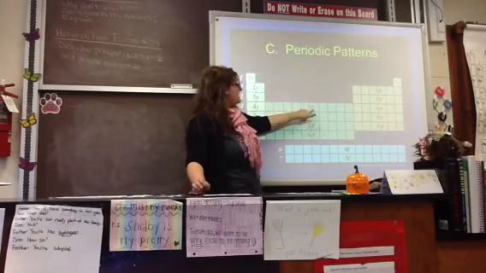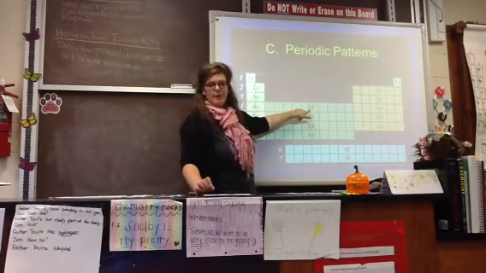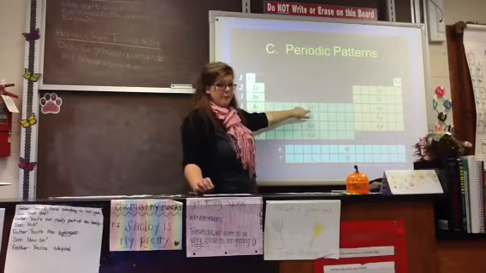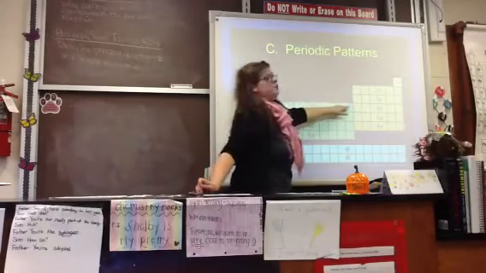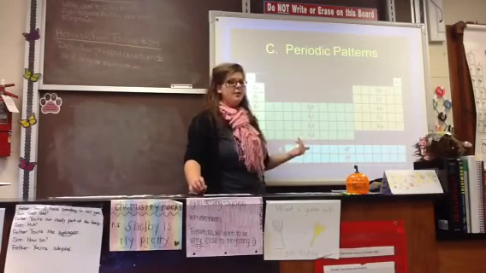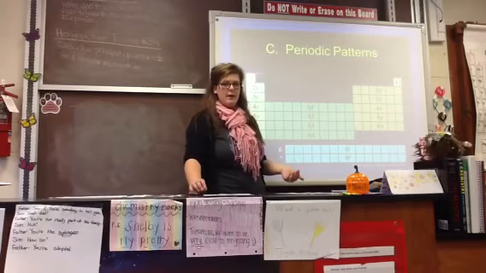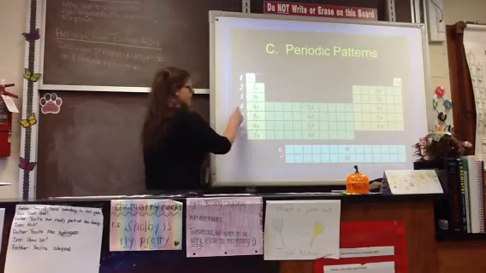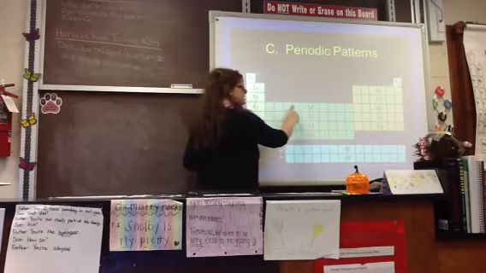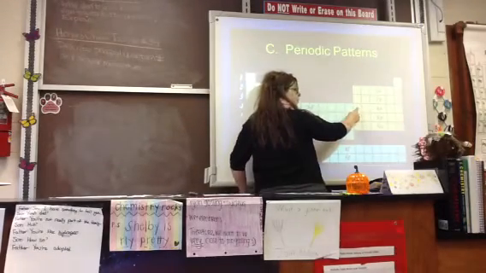D sublevel, I see d here, but here's my first problem. This is 3d. For some reason, all of these transition metals in this row tend to have an energy level that's 1 less than what row they're in. So I'm in row 4, I have 4s. And if I continue and I skip the transition metals, I still have 4p.